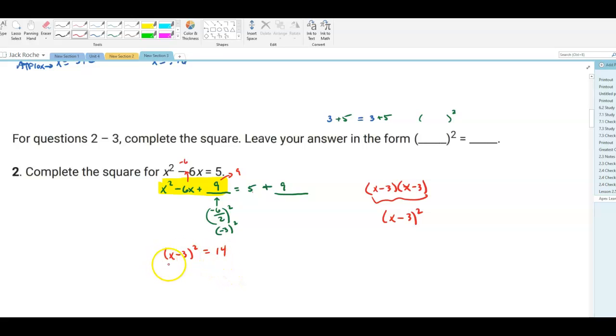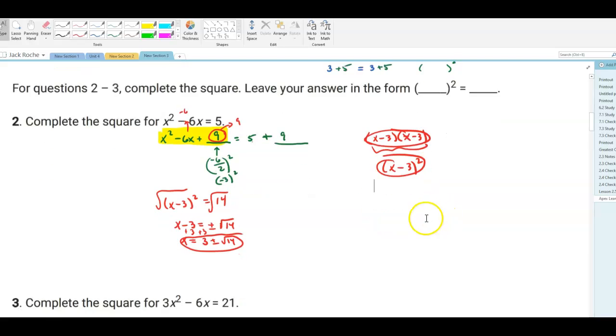Okay, so now the process I can go from here is take the square root of both sides. X minus 3 equals plus or minus the square root of 14. Then x is equal to 3, I'm going to add 3 to both sides, plus or minus the square root of 14. And you would be done. So again, the reason we add this 9 here is so that we can write it as a binomial squared. Okay?